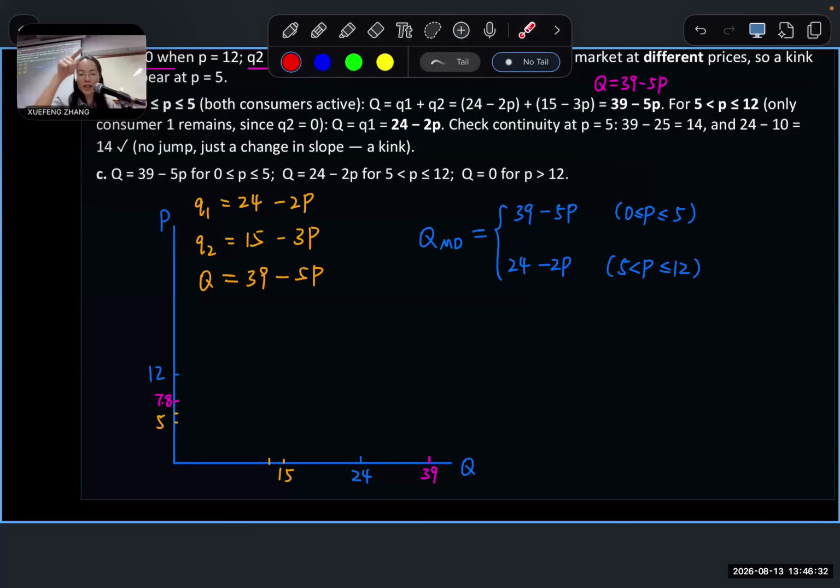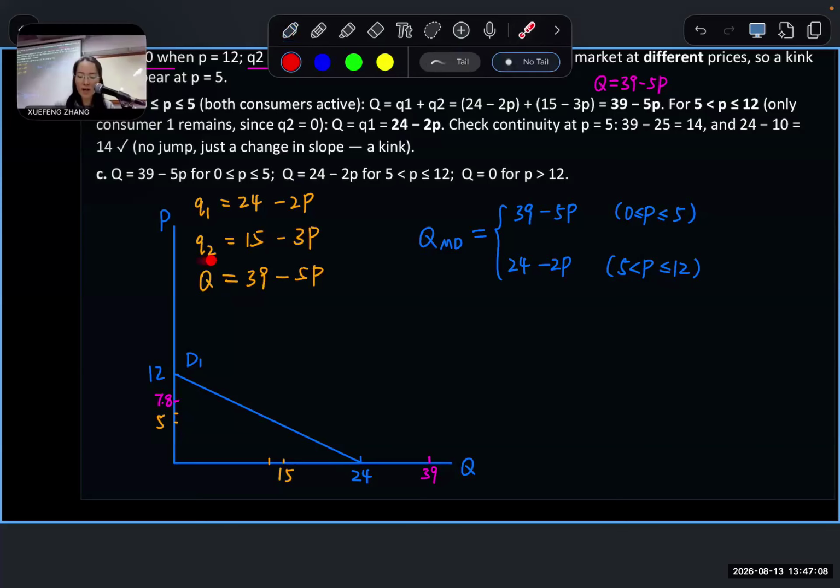Okay, so let's find this one. Use your brain to calculate. If Q1 equals 0, P equals 12. If P equals 0, Q1 equals 24. That's why 24 here. So this is our first blue line, the demand for consumer 1.